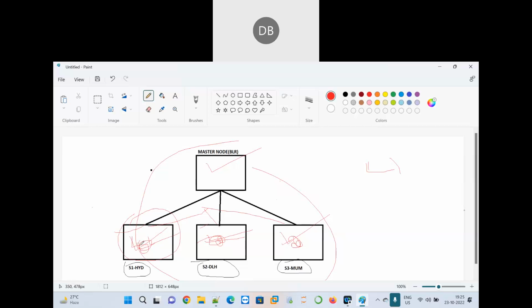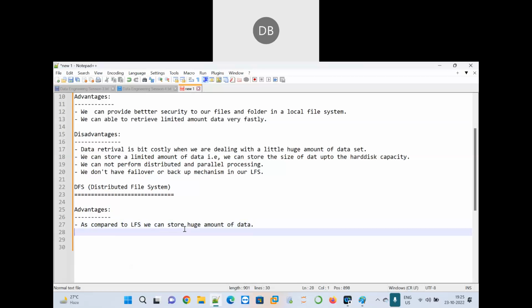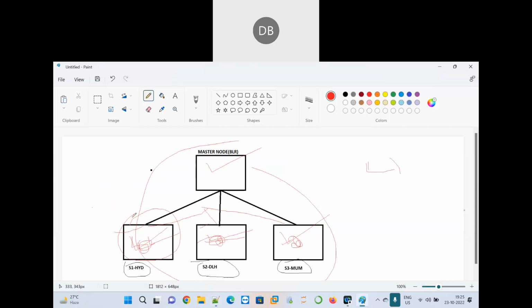First, no doubt, as compared to LFS, we can store a huge amount of data, because we are not going to store it only in a single machine.